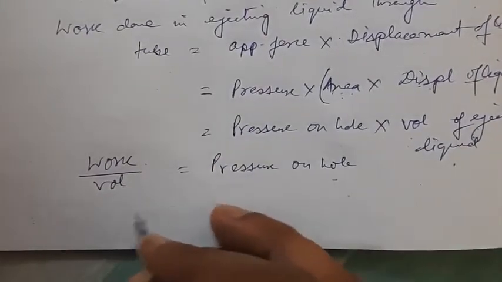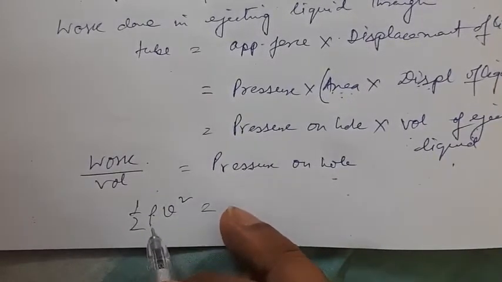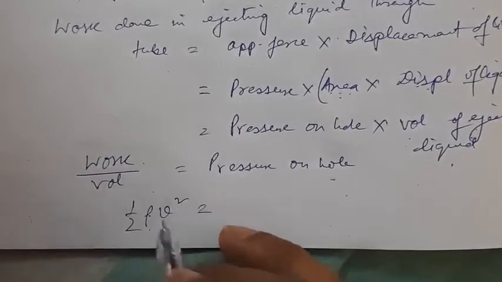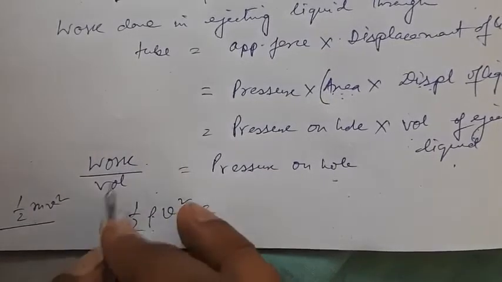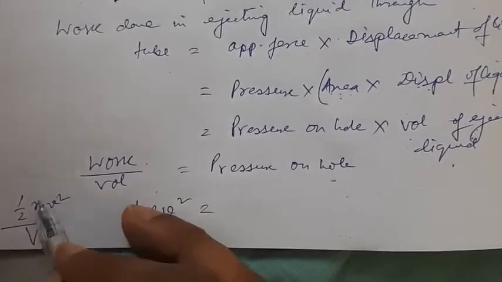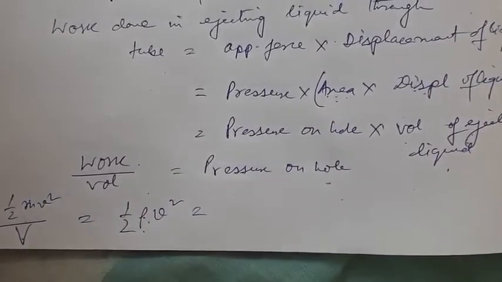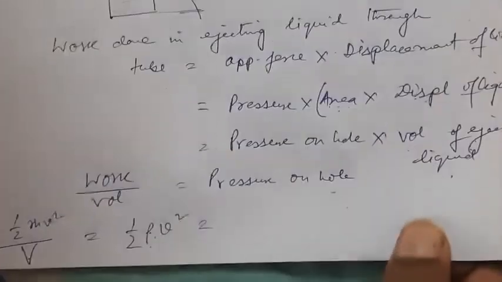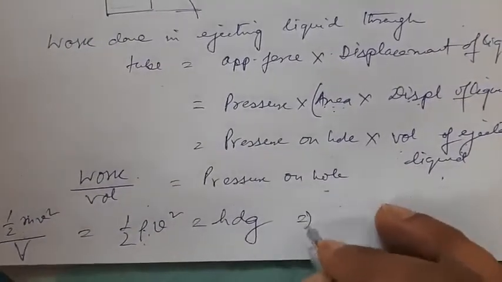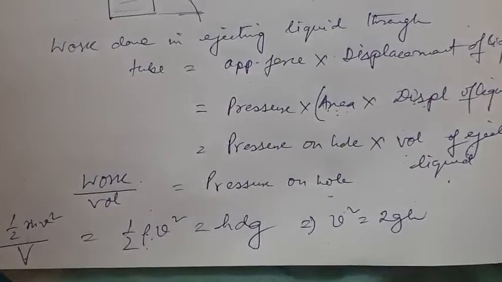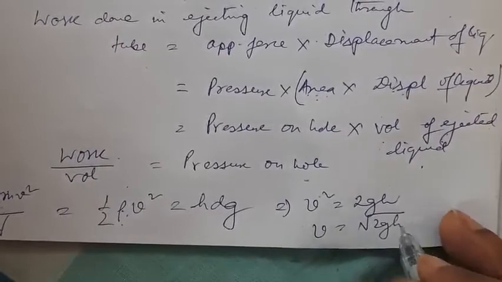Work is half m v square, done by volume capital V. So m by V becomes rho or density into v square. So half rho v square is equal to h d g. From this we get v square is equal to 2gh, or rather v is equal to square root of 2gh.